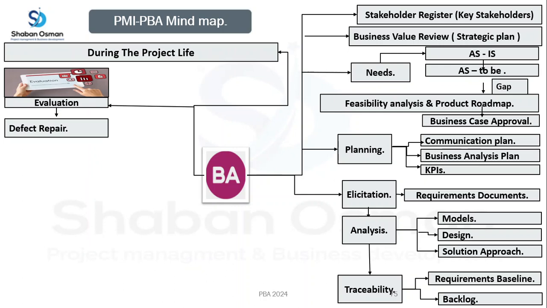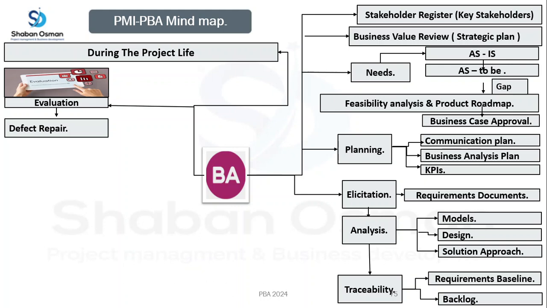After this step, the project manager and the product owner will implement our solution. During implementation, as a business analyst, you will evaluate the solution performance. Solution performance measurement will be an ongoing process during implementation and after implementation, which will be during the operation phase.